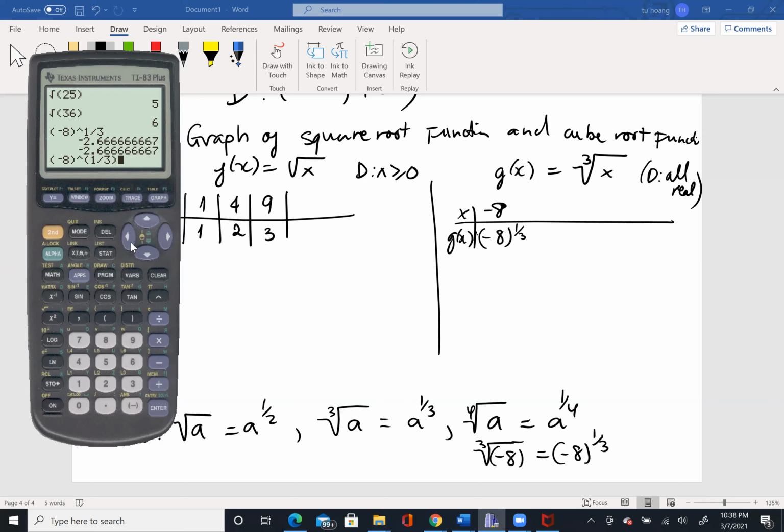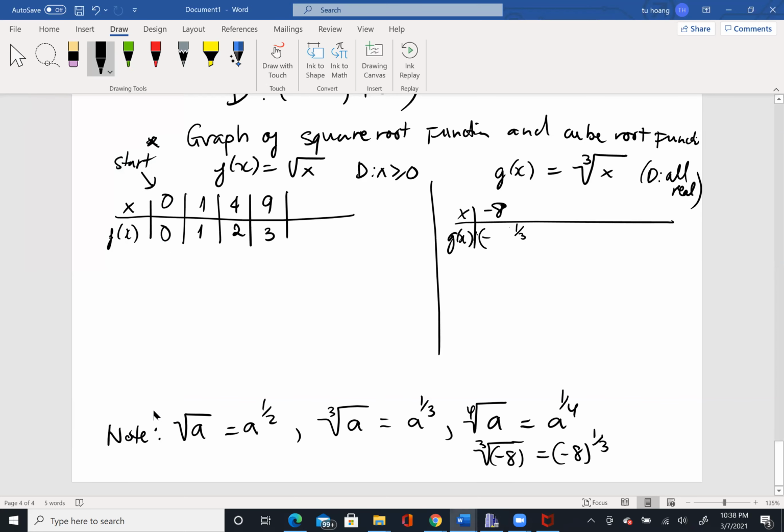If I don't have the parentheses, it means negative 8 to the power 1, and everything divided by 3. Okay, so I have negative 2 as the answer. So I'm going to change this to negative 2.